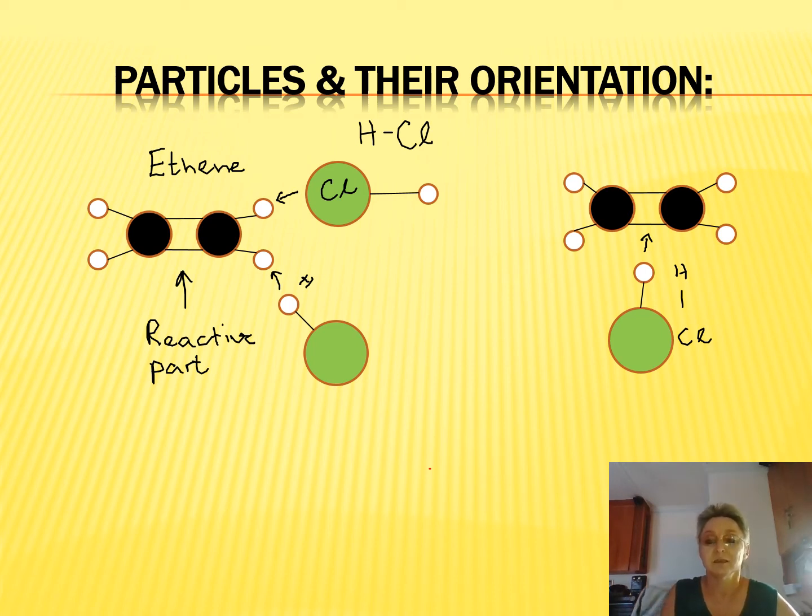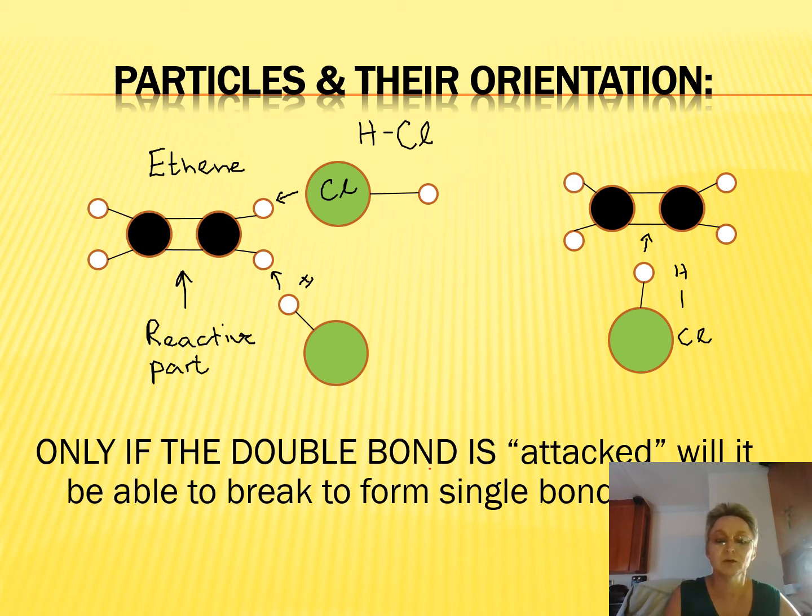So this is an example describing the effect of the orientation of the atoms or the molecules in a reaction mixture. Only if the double bond is attacked will it be able to break to form a single bond and have an addition reaction here.